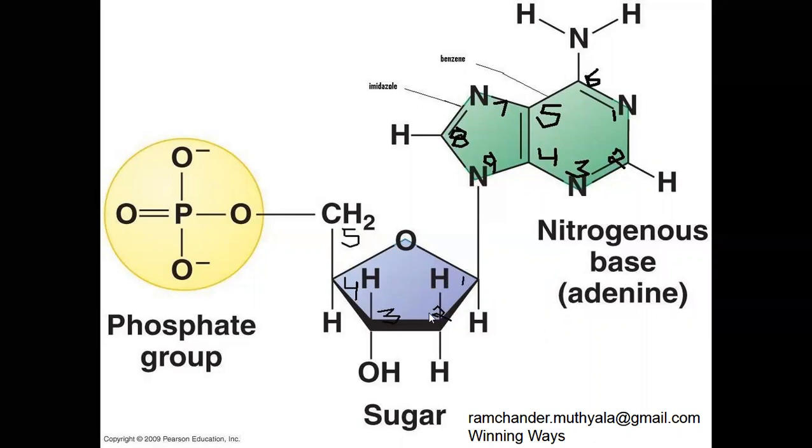Each pentose sugar is connected with nitrogenous bases with a glycosidic bond. Between the nitrogenous bases and sugar molecules, glycosidic bonds are present. See children, the glycosidic bonds are again divided into two types.